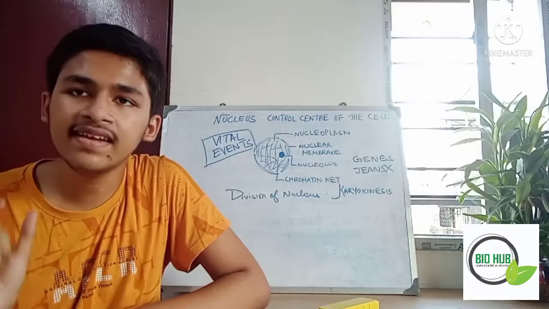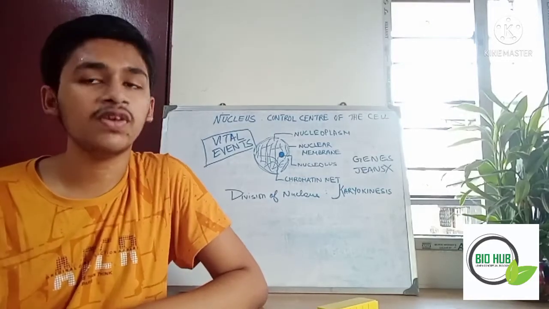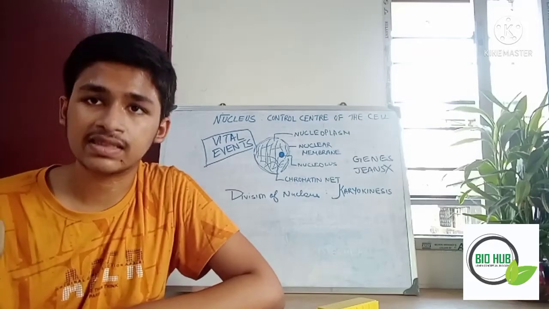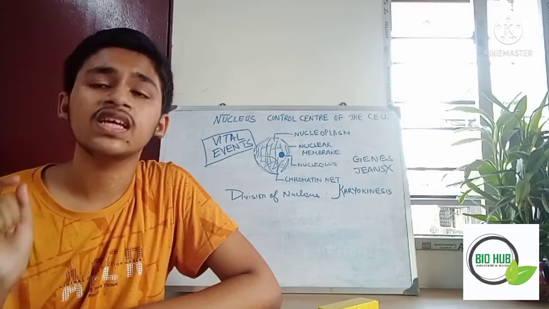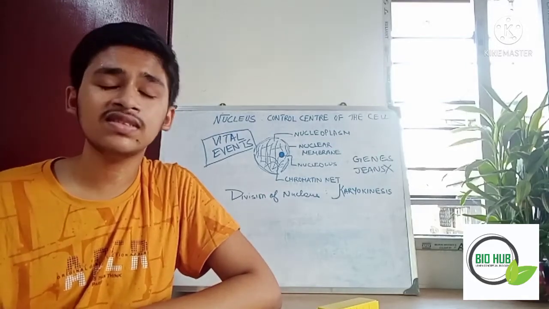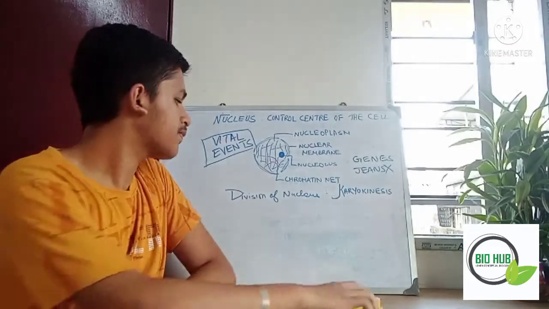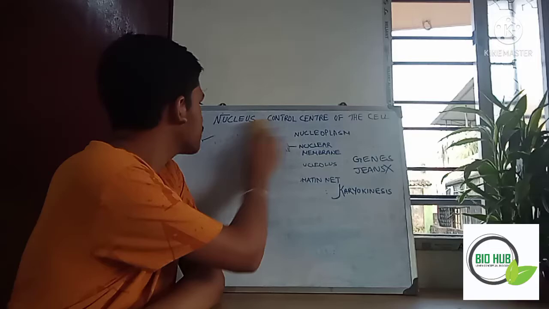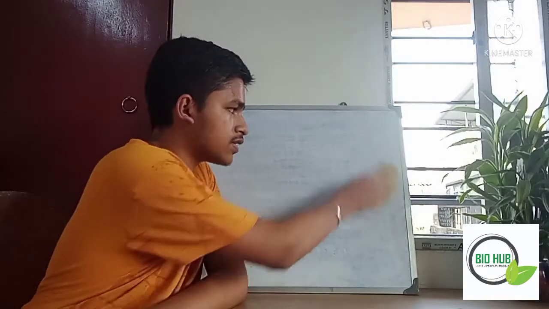You need to write it in your exam. If the function of the nucleus comes, then this is a key word you have to write. It performs all the vital events of the other cell organelles and all the activities of a cell. So this was about the nucleus.